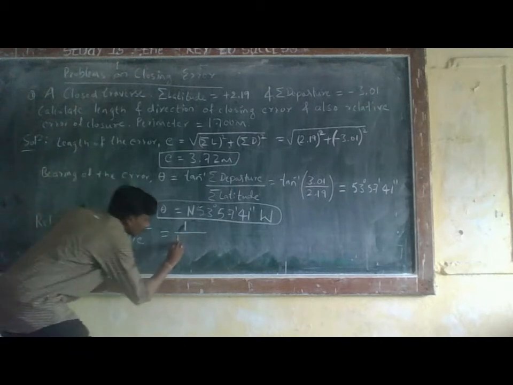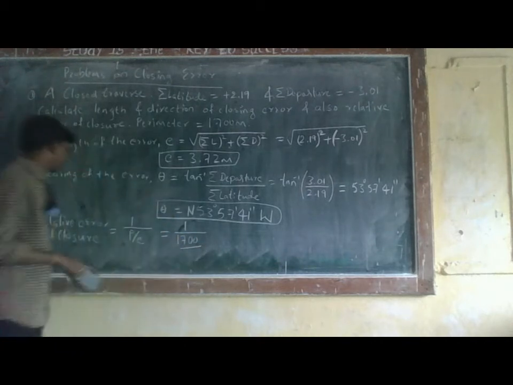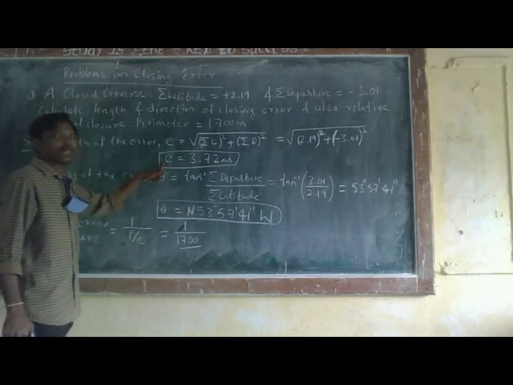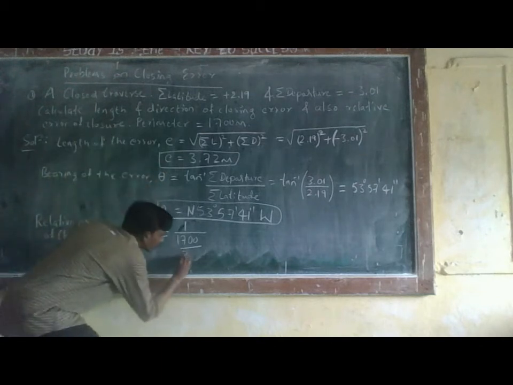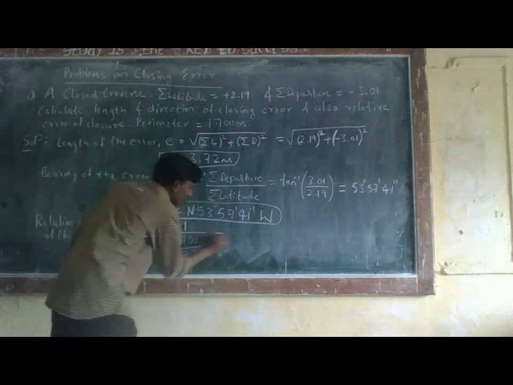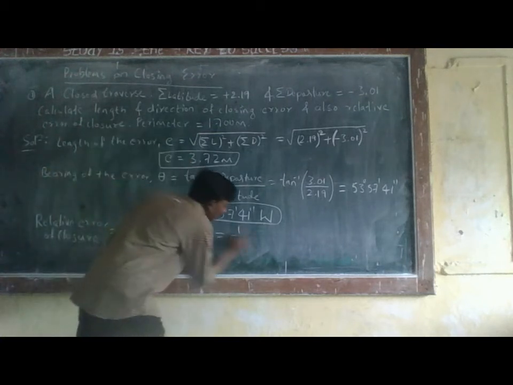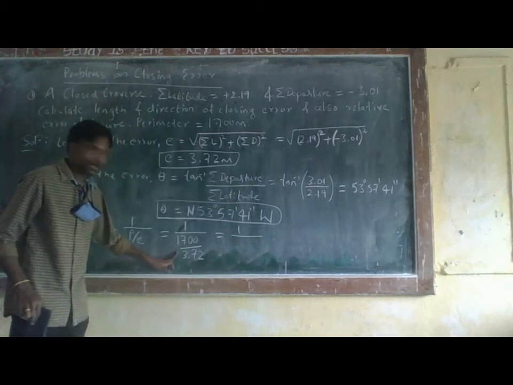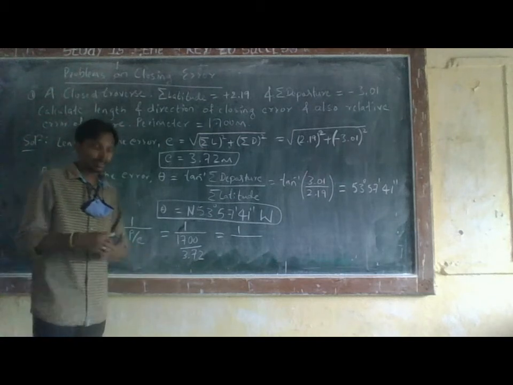So the perimeter is 1700 meters. So substitute 1700 divided by now E. So you have calculated the E value, which is the length of the error, 3.72. So substitute 3.72 in the denominator. Now keep the 1 in the numerator as it is. Now just substitute these two values, 1700 divided by 3.72, in the calculator.